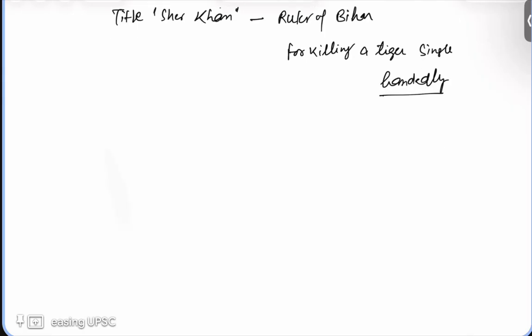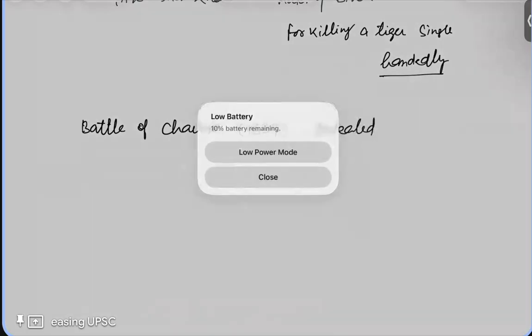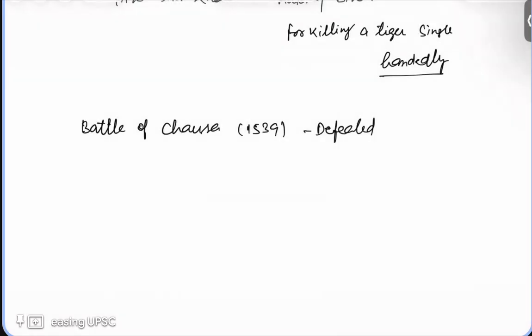Tell me the name of the battle where he defeated Mughal Emperor Humayun. Pratiksha? Battle of Chausa, yes. And one more is the Battle of Kannauj with Humayun itself. Battle of Chausa, 1539, defeated Humayun.